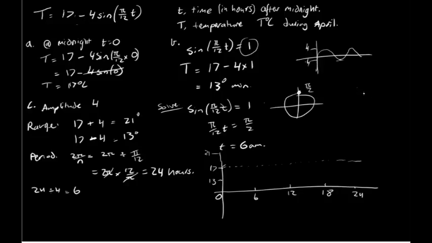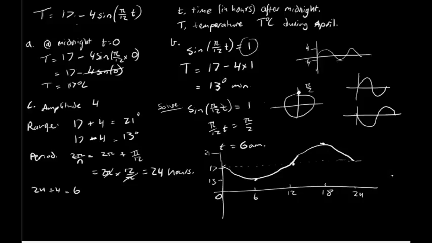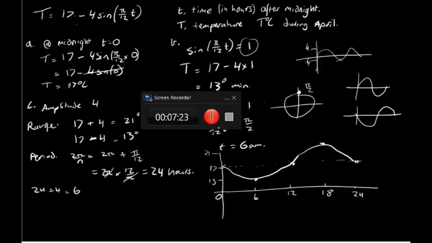Usually it looks like this, but being a negative sine graph, it's going to be like that. So it's just a matter of connecting the dots where appropriate. I'm just going to pause the video here and make a new page for our last bit.